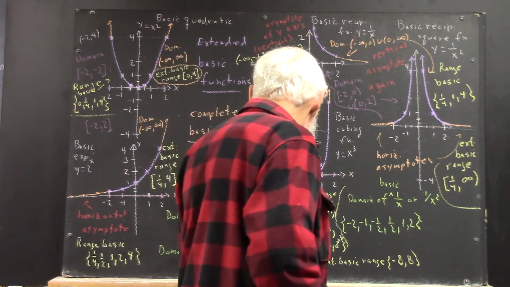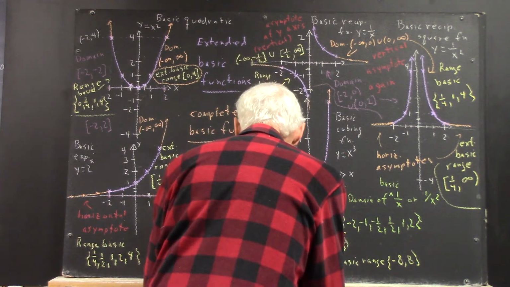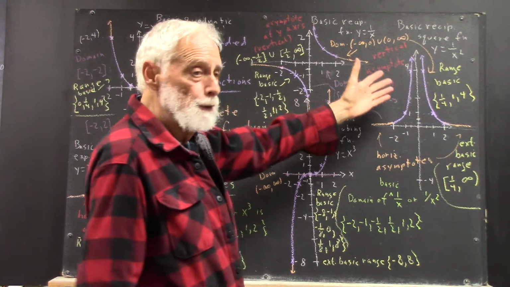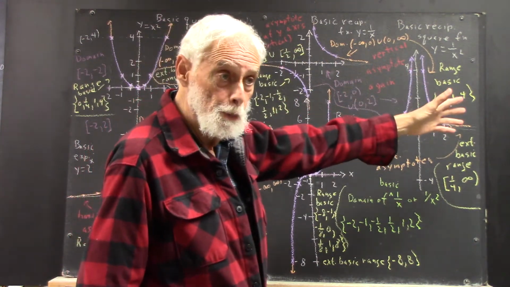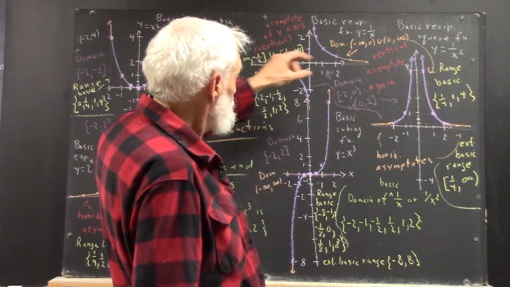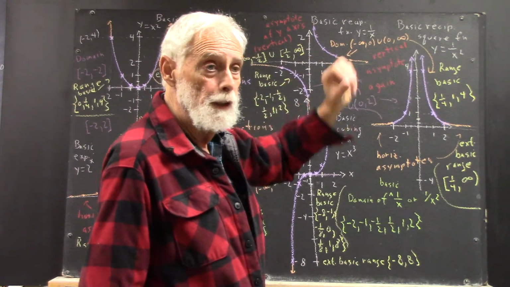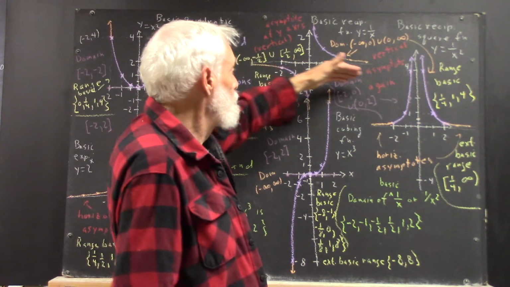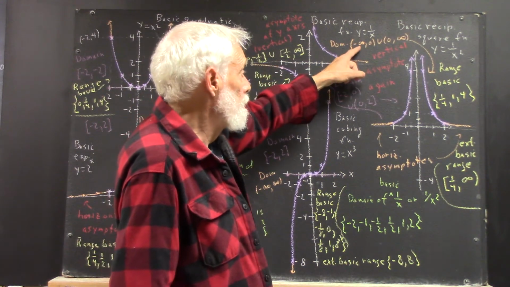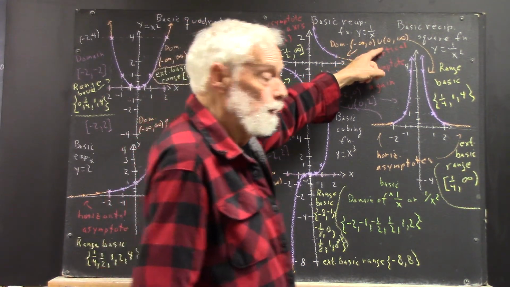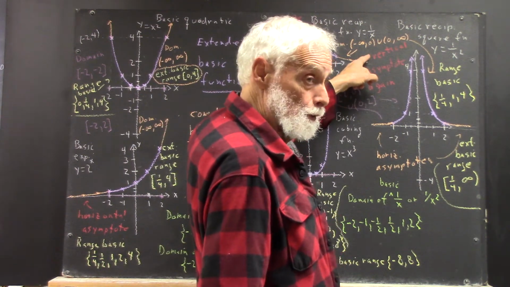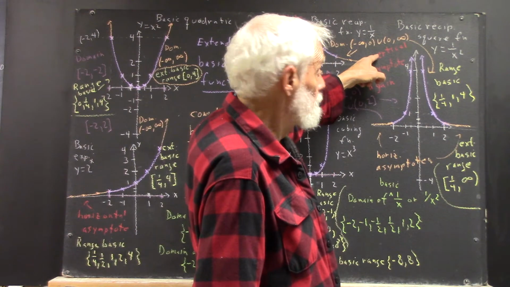So we see that the domain of the complete basic reciprocal function or reciprocal square function: you can evaluate 1 over x or 1 over x squared for any number at all except 0. So the domain is going to consist of the interval negative infinity to 0, union the interval from 0 to infinity, the open interval in each case, which excludes 0.